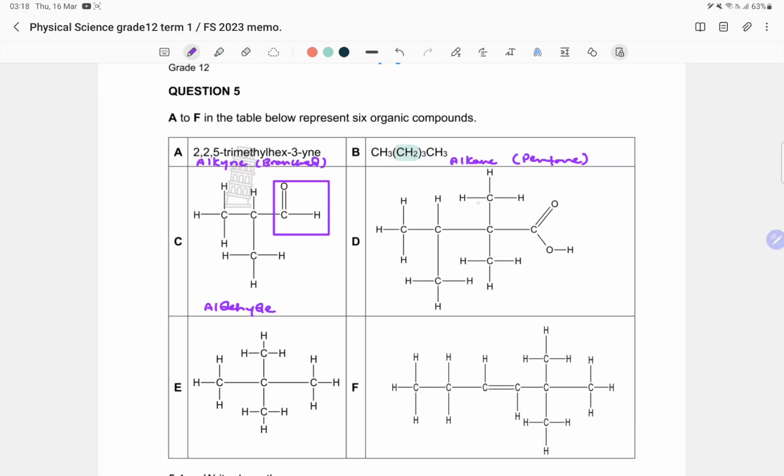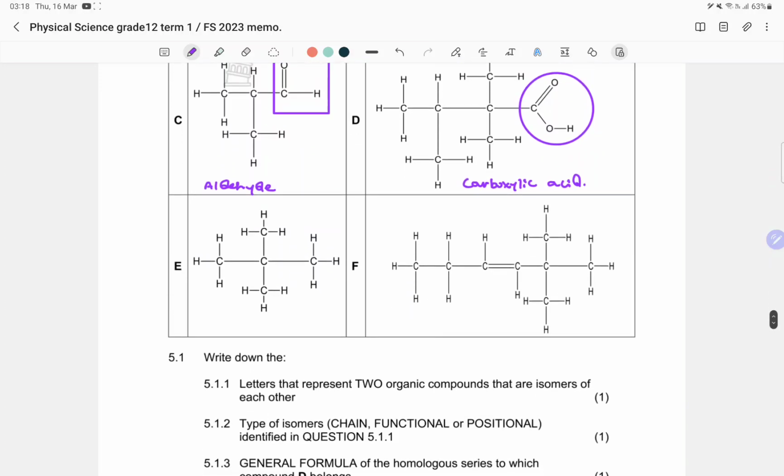Okay, and then we look at this one. We can see here that there is this guy right here. That is the functional group. Again, what is that? COOH, it's carboxylic acids. Don't worry about naming it. You may not even be asked the question. Again, here with single bonds throughout, so this is a branched alkane.